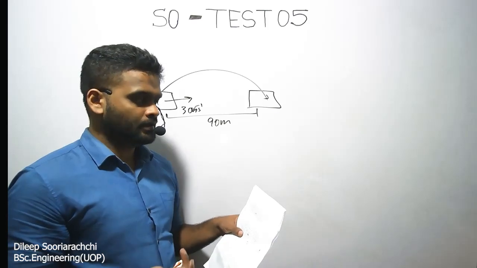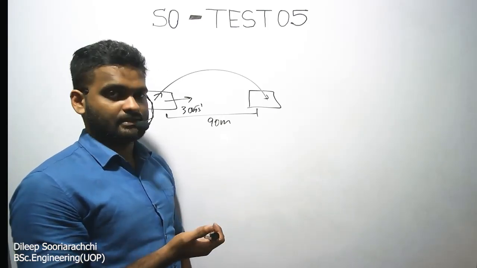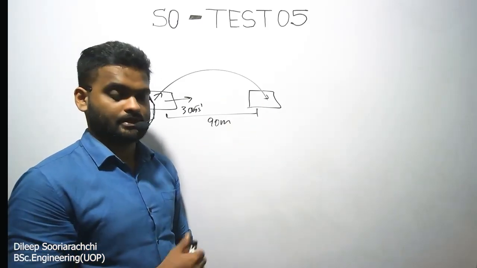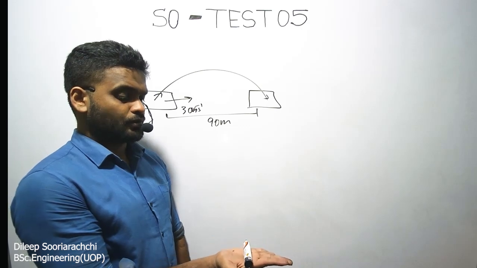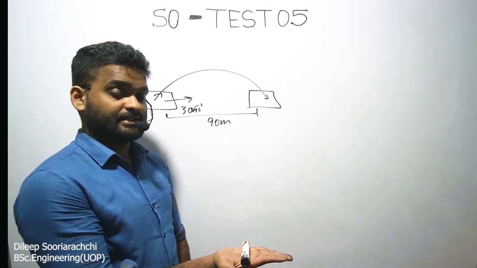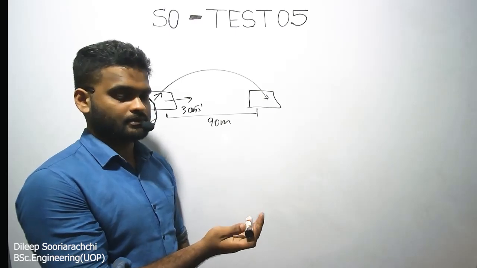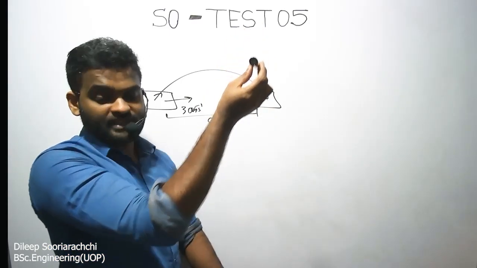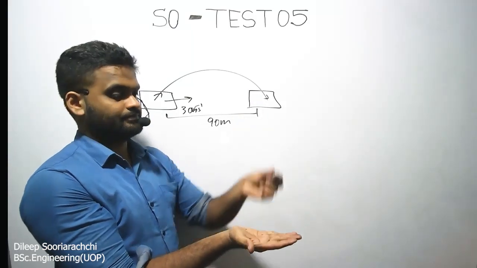You are in the train or a vehicle; a train is better because it has a constant velocity. So you throw an object, sitting inside the train. To which direction do you throw the object? Vertically upwards, right? So the object lands on your palm, on your hand again.